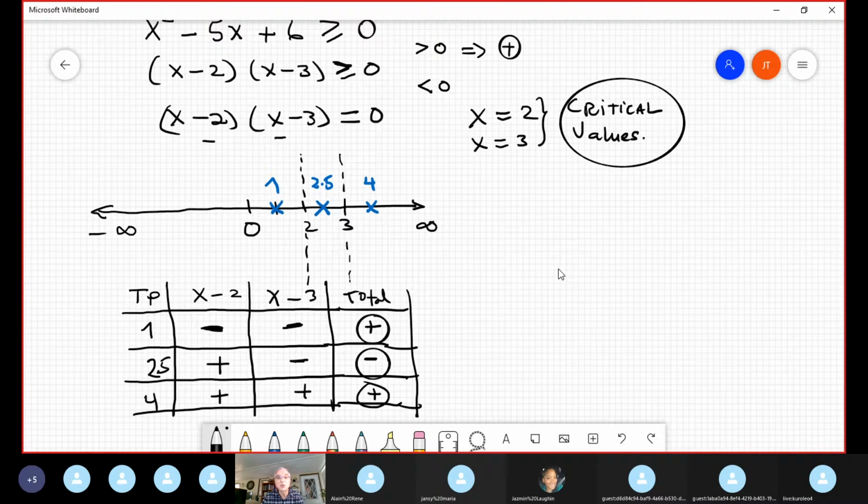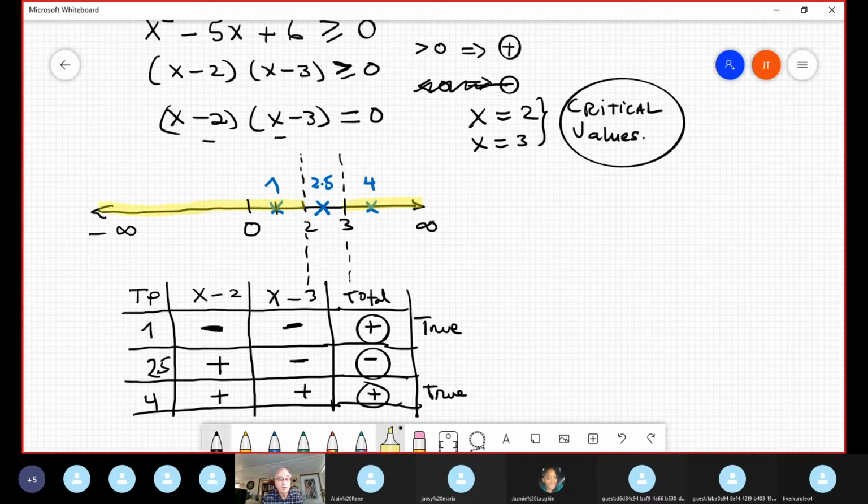Then less than 0, the true statement is negative. But no, in this case, no. This is the true, and this is the truth. So this is the testing point that passed the test. And you finally highlight that part. That part is, look, I consider that interval because 4 passes the test and 1 passes the test.